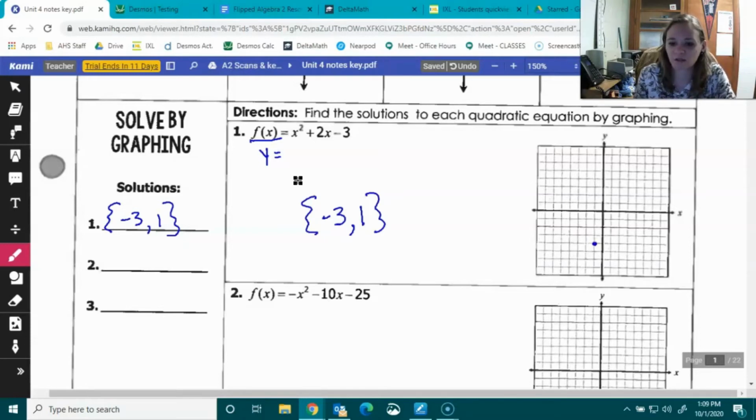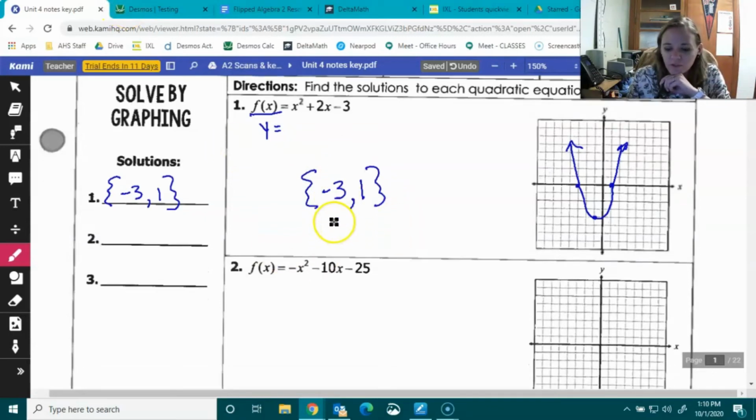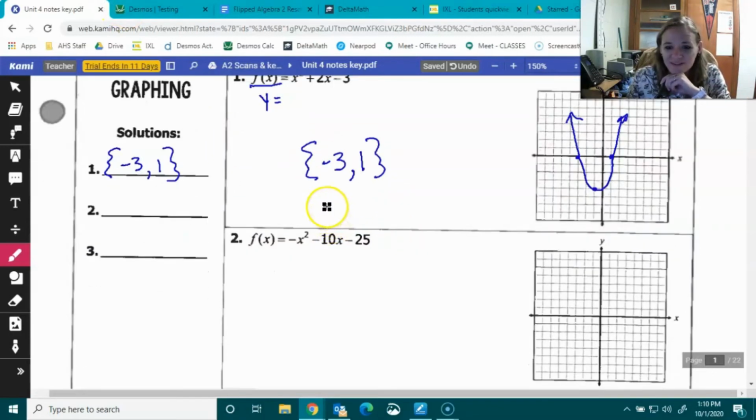The vertex, and then the two answers, -3 and 1, or however many answers you got, and then just go ahead and connect and make your parabola like that. So that's just if I ask you to graph it on paper. Give me at least those points to have a good visual idea of your parabola. Okay? Alright, hopefully that was not too bad.